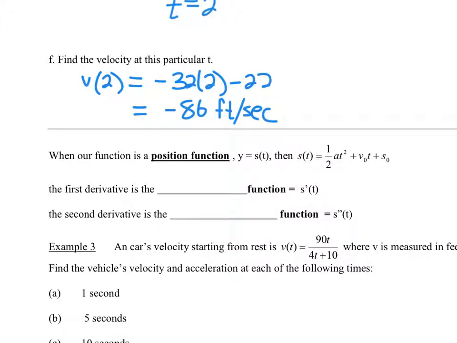First derivative is the what function? Which is denoted as s prime of t. So s prime of t would be the derivative of this wonderful looking position function. In general terms, we would say that it's equal to what?